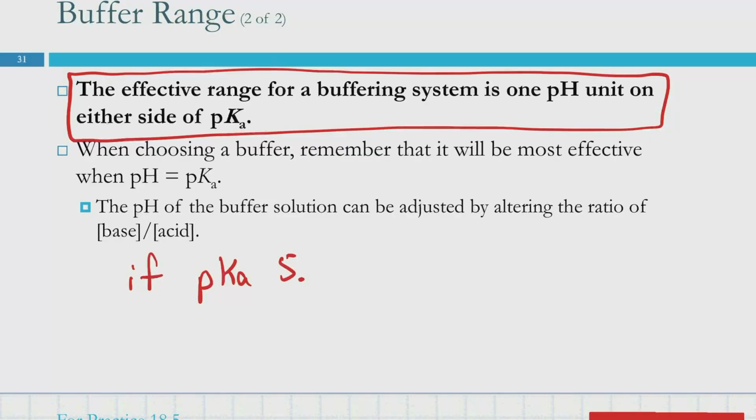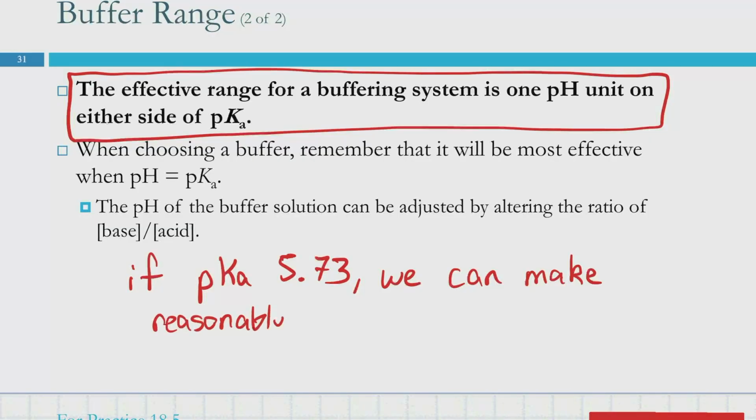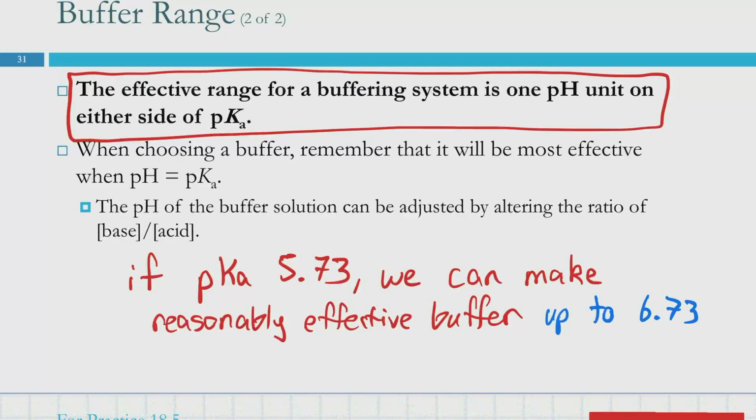So if our pKa is 5.73, we can make a reasonably effective buffer up to 6.73. That's our pH.